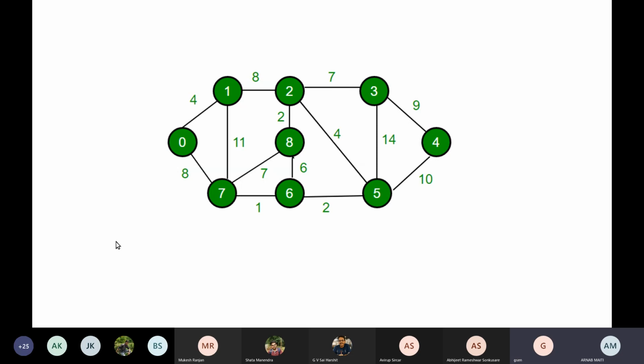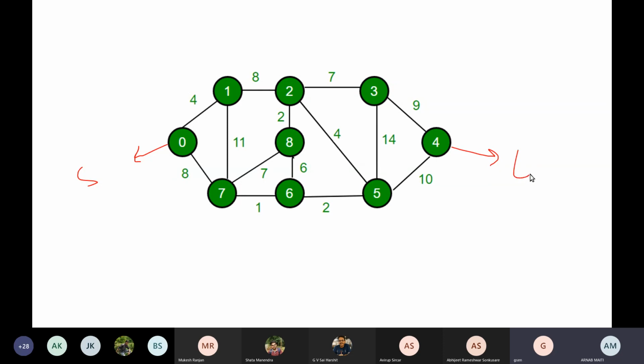I'll present the Dijkstra algorithm with the help of this example here. In Dijkstra's algorithm, say we have a starting vertex, say this 0. Let this be our starting vertex, and say we want to find the shortest path from the starting vertex to this vertex here, from 0 to 4.